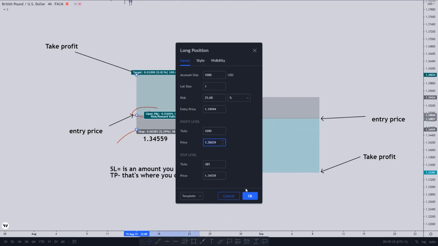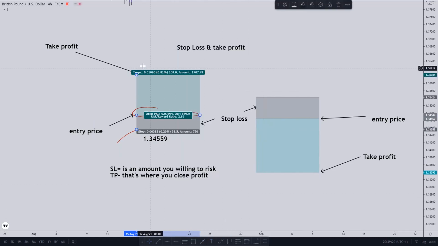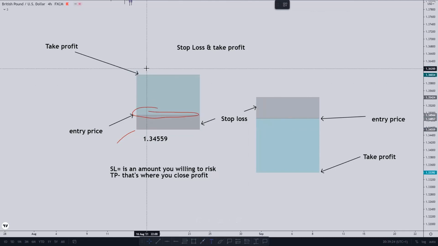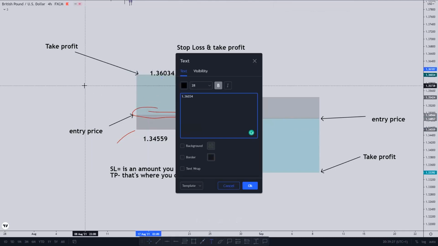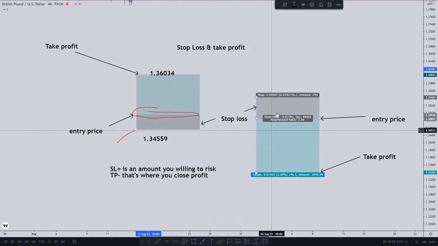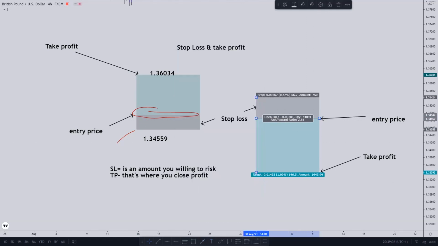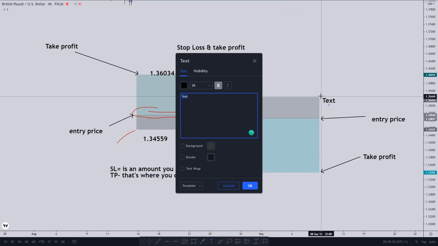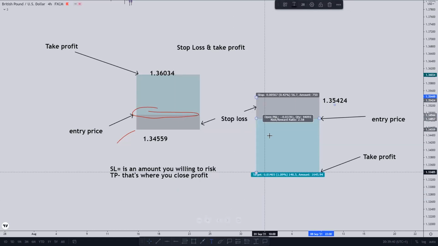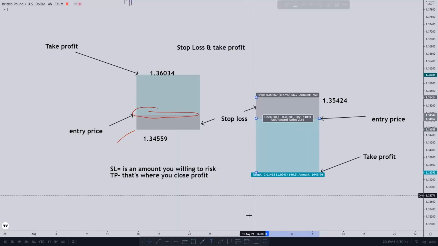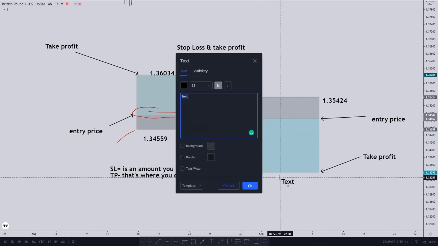This is going to be our take profit price, right? And this is where we put this one in. Let me do the same on this side. Take our stop loss, and then we take our profits, which is here.